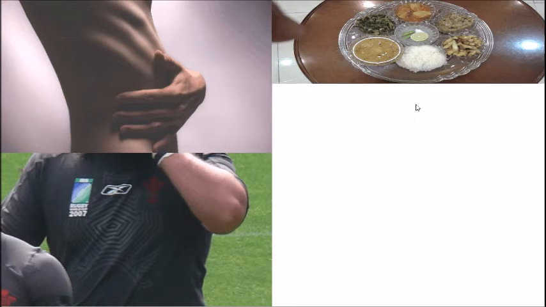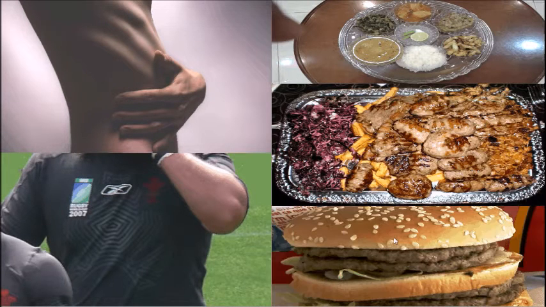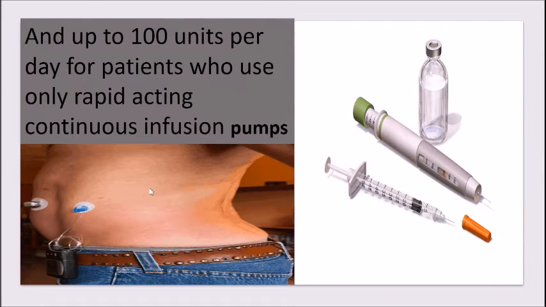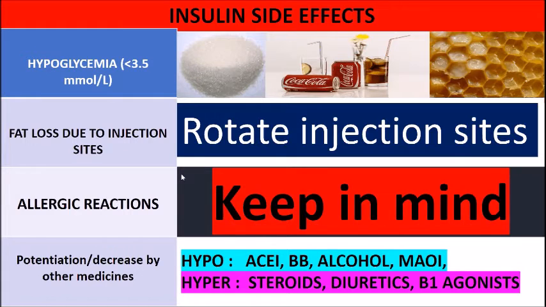Sometimes you could eat a vegetarian lunch, you could eat a mixed grill, or you could eat a Mac, or between old and young, and also in puberty, because the requirement for insulin increases during puberty.